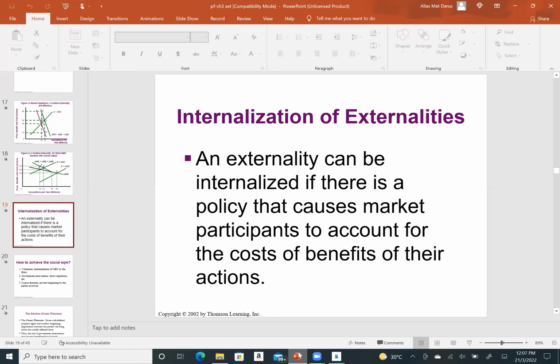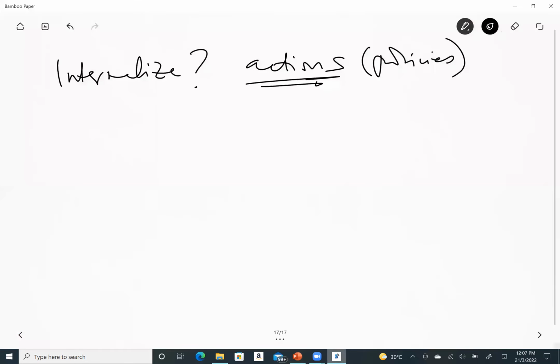Internalize means if there is an action that makes the market participant take into account the external cost or the external benefit into their decision. Okay, into their decision. Not "cost of"; that is a typo. So cost or benefit.